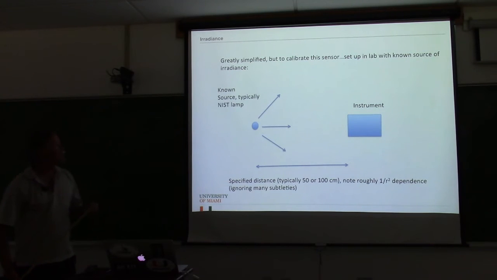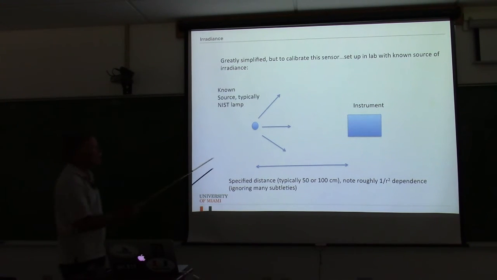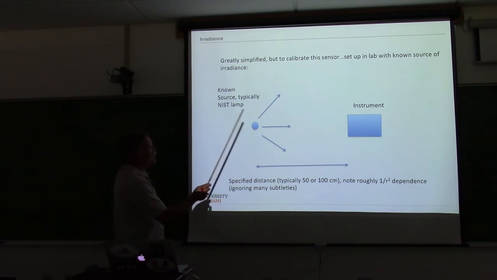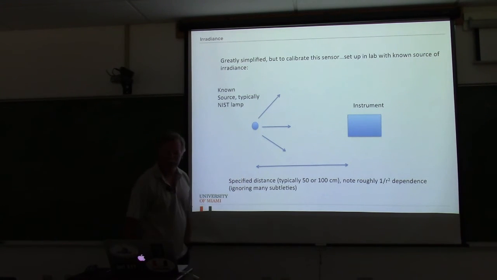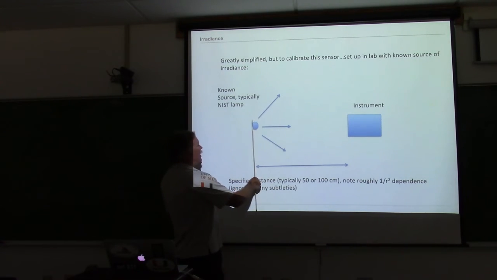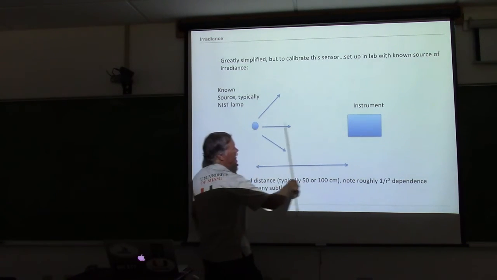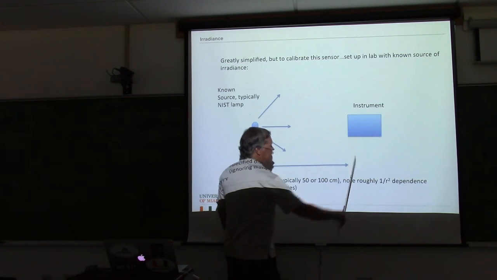Okay, so the way you calibrate something like this is you get a lamp and you set it up. The lamp has a calibration traceable to NIST, the National Institute of Standards. For the Europeans, I think it would be the UK that does the primary standards for the most part. Anyway, the lamp has an irradiance at a certain distance, traceable to your standards of choice, and you set up the instrument at a certain distance from that.